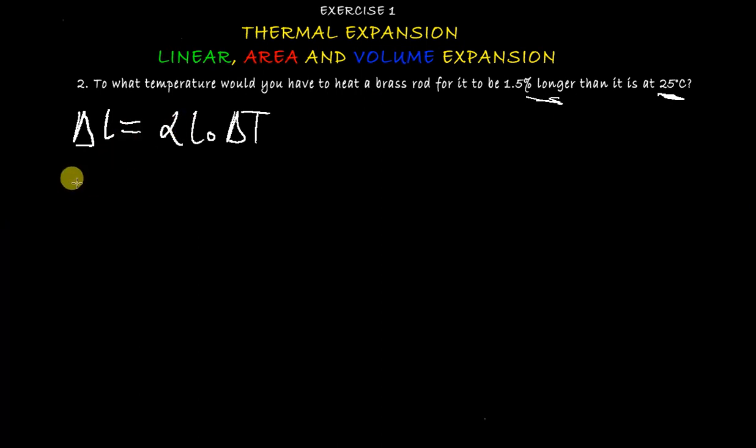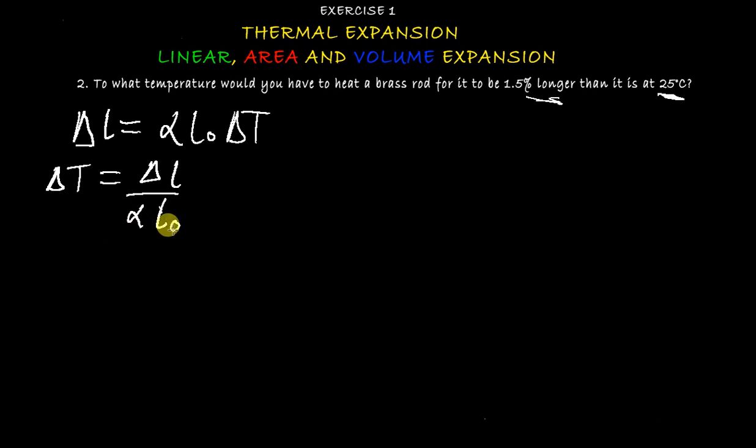So the change in length is given by that. The change in temperature is just given by, if we make delta T the subject, the change in length over alpha times the initial length, alpha L naught.